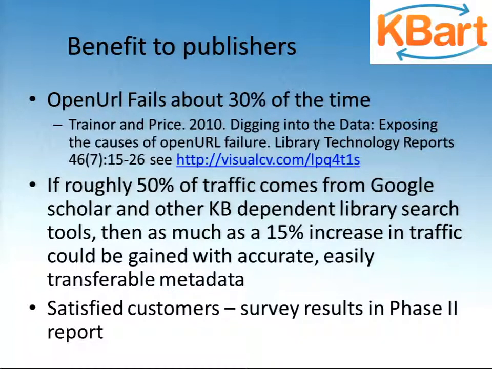So if roughly 50% of the traffic to your content comes from Google Scholar and other knowledge-base-dependent library tools, and the rest might come from Google and other places which just go directly from their indexing, then potentially, given that 30% failure, we could see as much as a 15% increase in traffic with this accurate, easily transferable, timely metadata available to libraries.